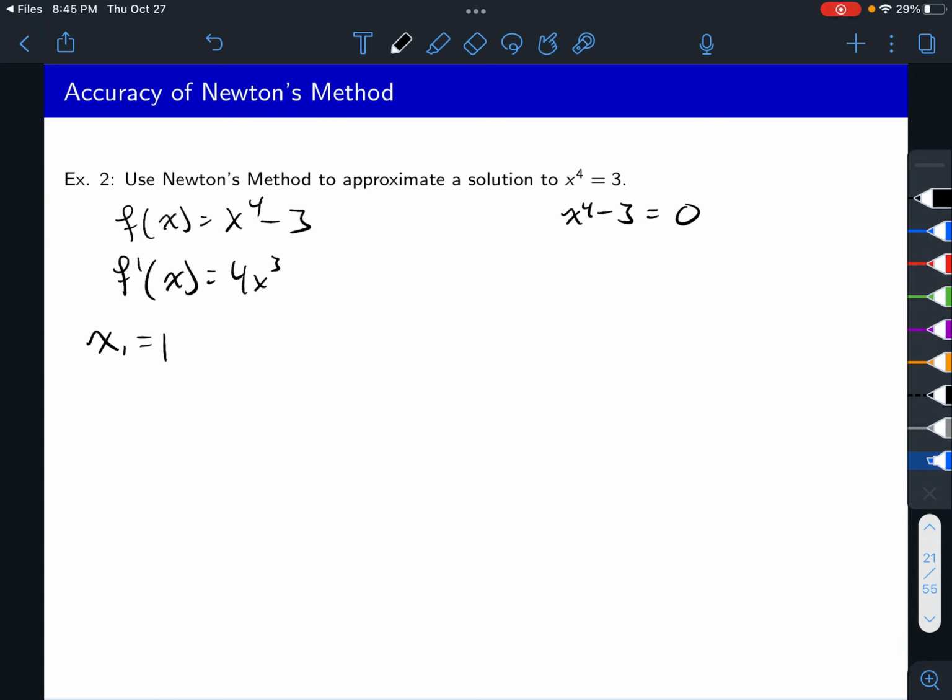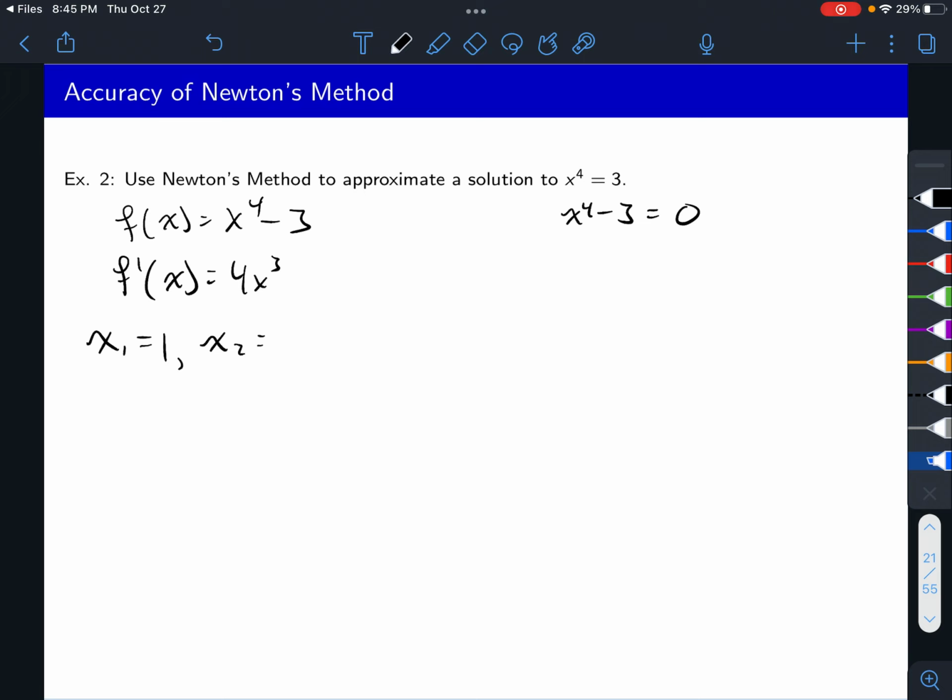If we started with 1, 1 to the fourth is definitely not equal to 3. But if I were to do x1 equals 2, then 2 to the fourth, 2, 4, 8, 16. 16 is way further from 3 than 1 is, right? So if I needed to pick a whole number, x1 equals 1 would probably be a pretty reasonable first guess. So we'll do that.